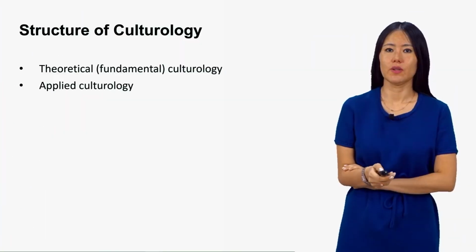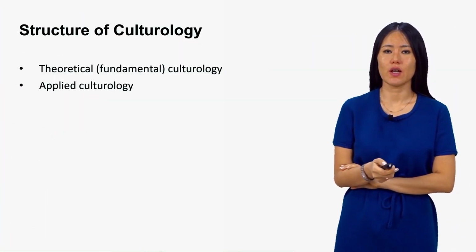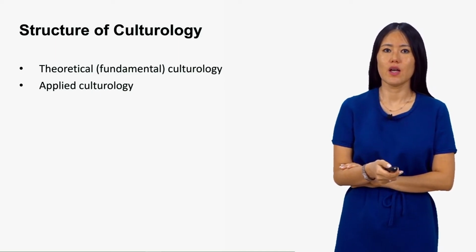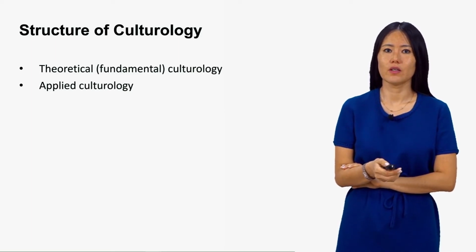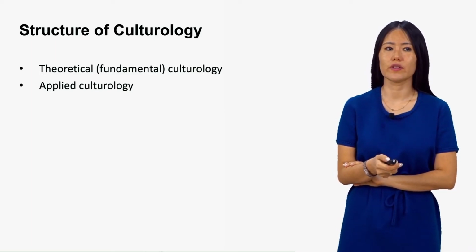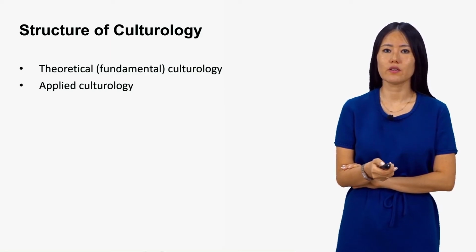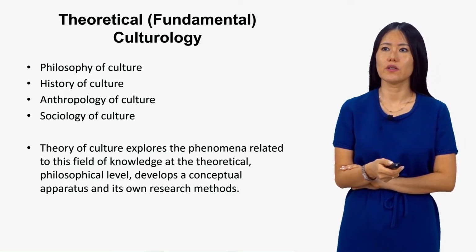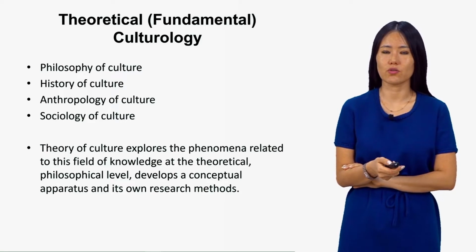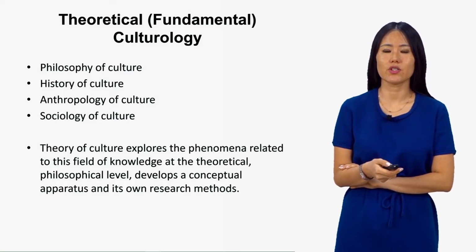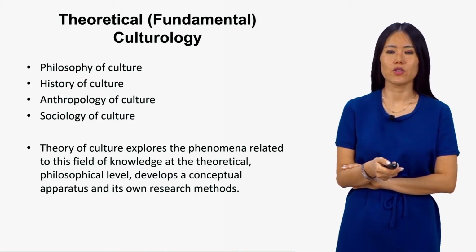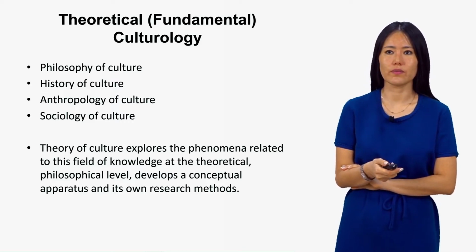And culturology as a science can be divided into two big and fundamental parts. The first part is theoretical or fundamental culturology, and the second part is applied culturology. And what is theoretical or fundamental culturology? It consists of such sciences as philosophy of culture, history of culture, anthropology of culture, and sociology of culture.